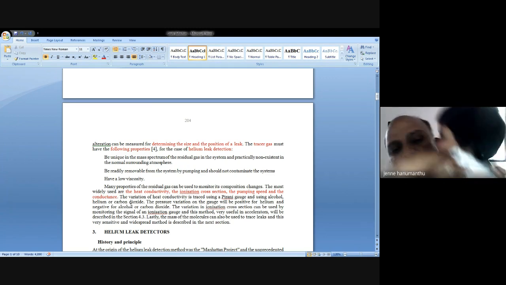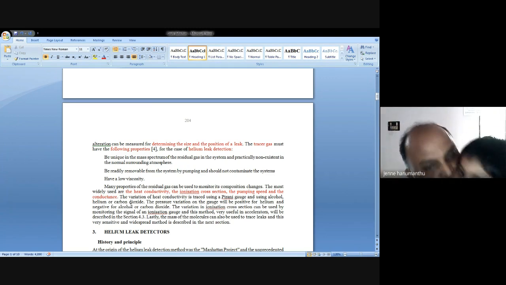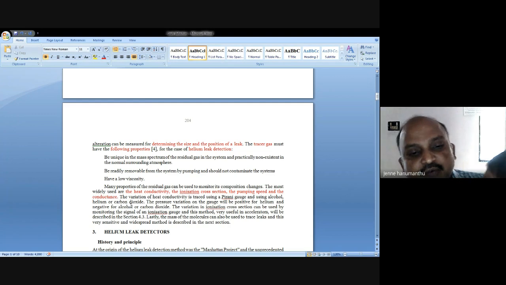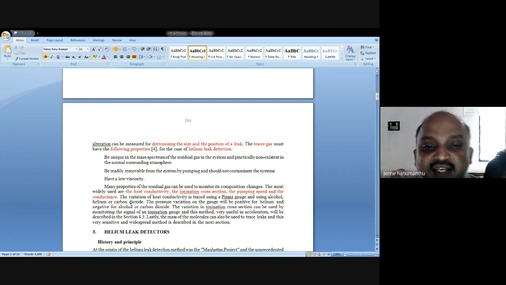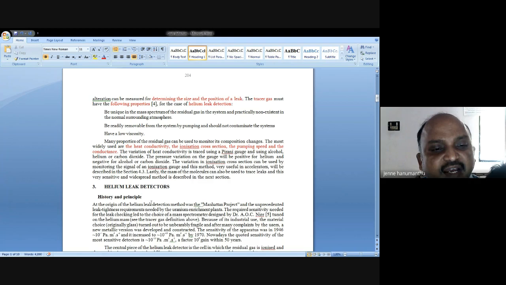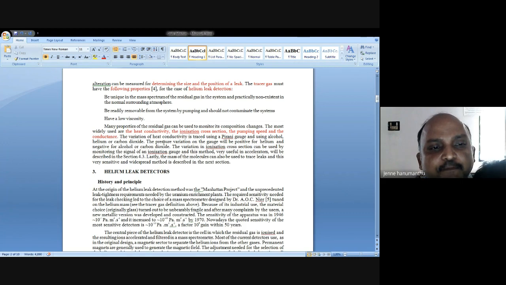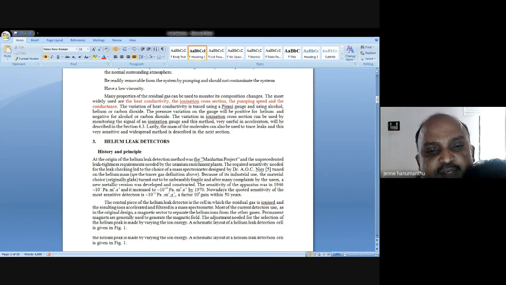With all these methods we can measure the gas leak. For example, helium is this gas. We want to know how it is going to leak. There are some instrumentations available.